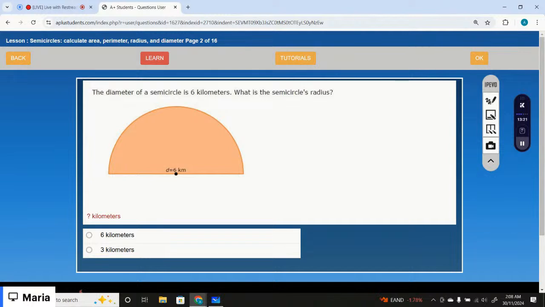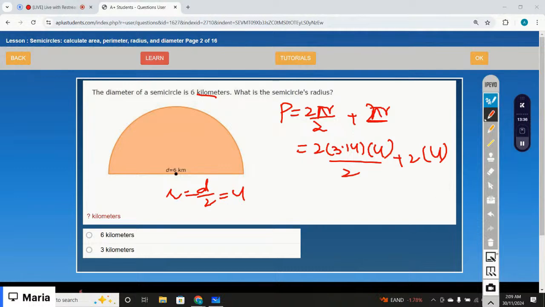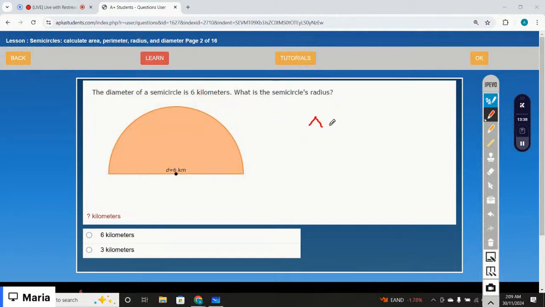The diameter of the circle is 6 kilometers. What is the semicircle's radius? Radius equals diameter divided by 2.